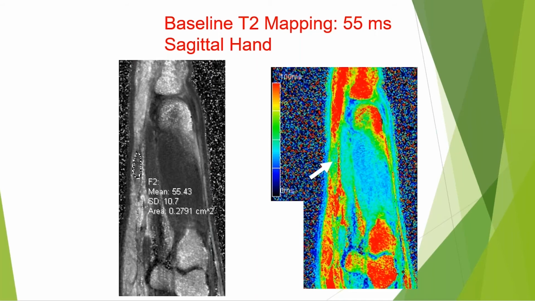So when we do the pre-treatment T2 mapping, we are selecting patients that have at least moderate to heavy increase or uptake on the protocol. If they're cold, or in the blue, we tend not to offer radiation therapy. So we're not only using this process for evaluating our patient's response to therapy, but also for selecting patients.